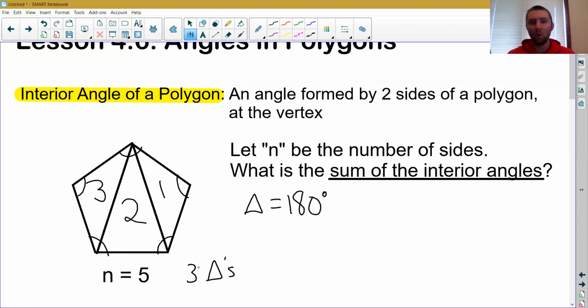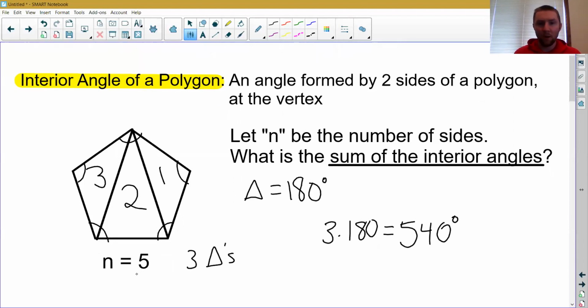So for the five-sided shape, those 3 triangles put together give a sum of 3 times 180 degrees, which is equal to 540 degrees. So the sum of the interior angles for a five-sided shape is always 540 degrees, no matter what, because you can always do this diagonal drawing and divide it into 3 separate triangles.